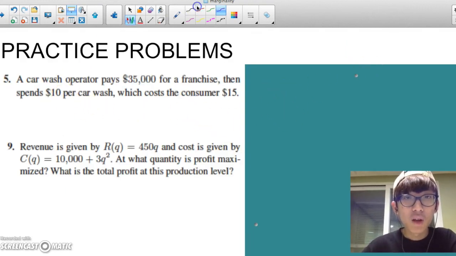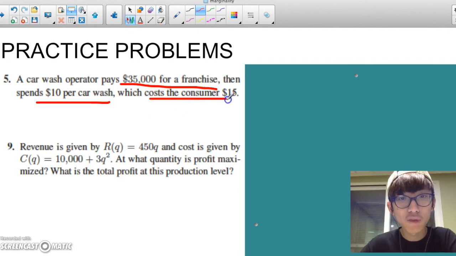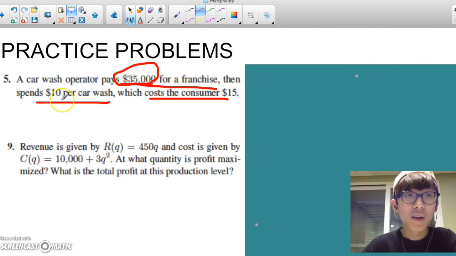So a car wash operator pays $35,000 for a franchise, then spends $10 per car wash, which costs the consumer $15. Here, $35,000 is the fixed cost, because even if you don't wash any cars, you still have to pay this for the franchise. And $10 per car wash is what we call in economic terms the variable cost.